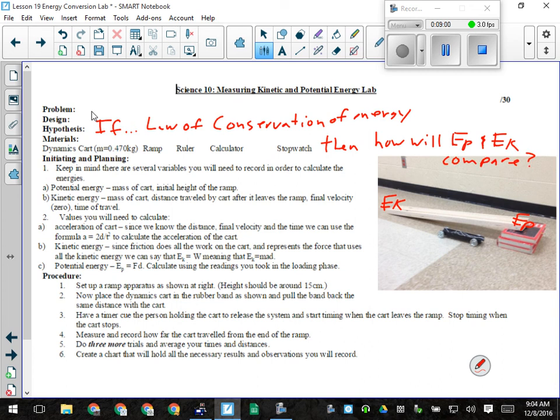So if we're talking about this in terms of the perfect physical world, is our hypothesis going to be right? And that's all right. It is okay for a hypothesis to be found to be incorrect. It just means that we have to think a little more in our conclusion about why it isn't.